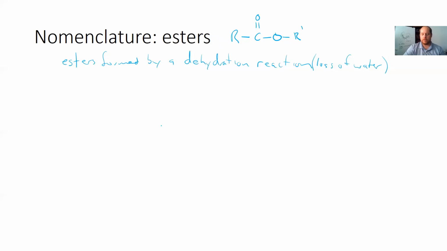You can form an ester through a reaction, and I can show you one reaction right here. CH3, CH2, C, double bond O, bonded to OH. This is propanoic acid.